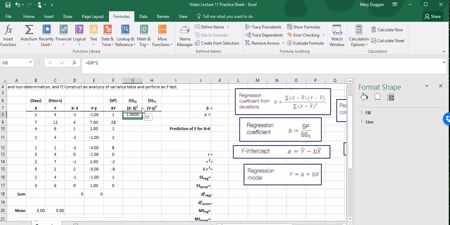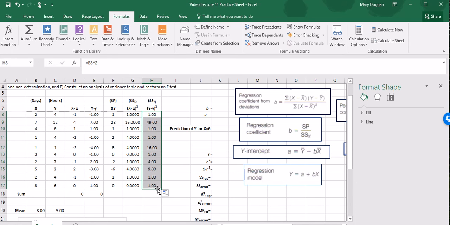Oh, that's not going to work. And the y deviation squared. Okay, and finally I know I'm going to need the sum of these numbers, so I'm going to drag over the sum formula, and I end up with 33, 32, and 84 for my sums.